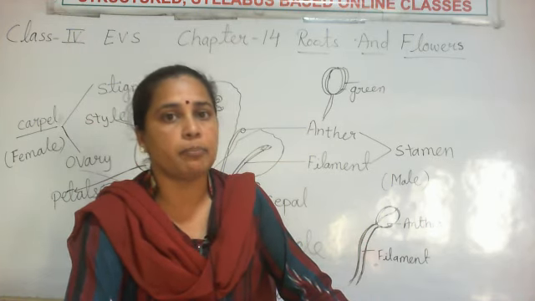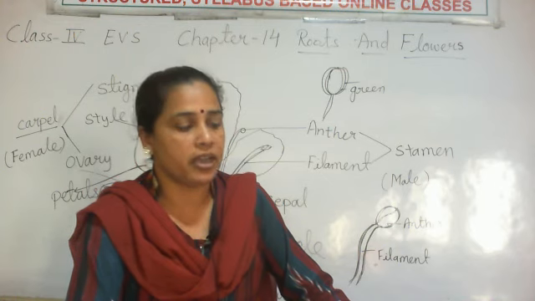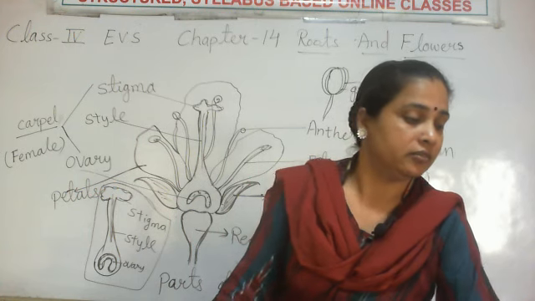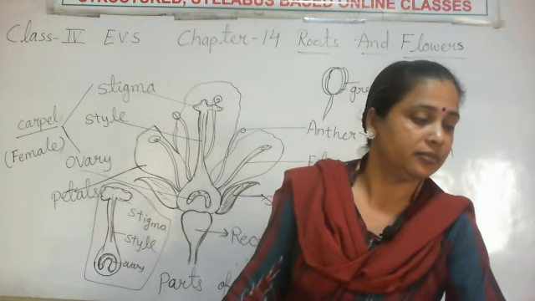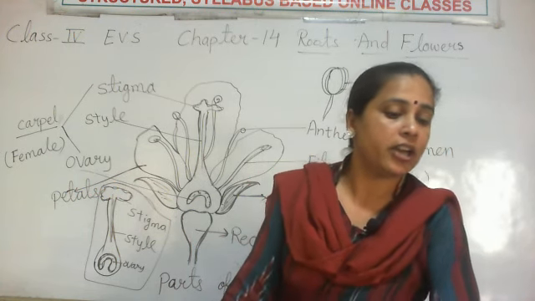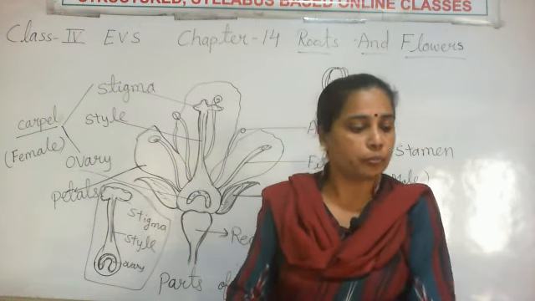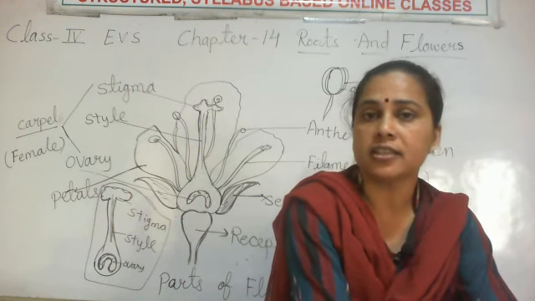Chapter number 10 is Mapping the Neighborhood, and 13 is, what is the name of 13? That is Where Plants Live. Clear, students? So prepare yourself for the test.